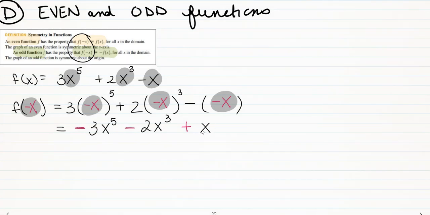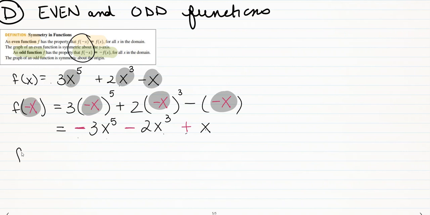And when we compare this, we notice that our f of x and our f of the opposite of x have the same terms except that they're different signs. 3x to the fifth, 2x cubed, x. But instead of being positive, positive, negative, we have negative, negative, positive.